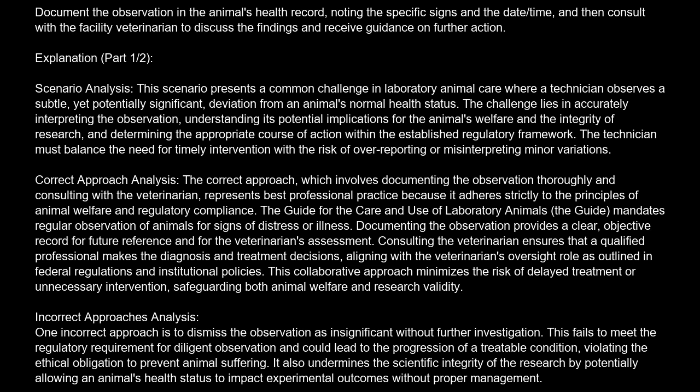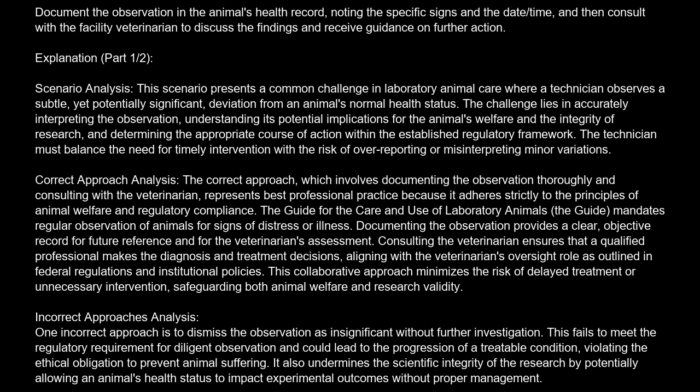Documenting the observation provides a clear, objective record for future reference and for the veterinarian's assessment. Consulting the veterinarian ensures that a qualified professional makes the diagnosis and treatment decisions, aligning with the veterinarian's oversight role as outlined in federal regulations and institutional policies. This collaborative approach minimizes the risk of delayed treatment or unnecessary intervention, safeguarding both animal welfare and research validity.